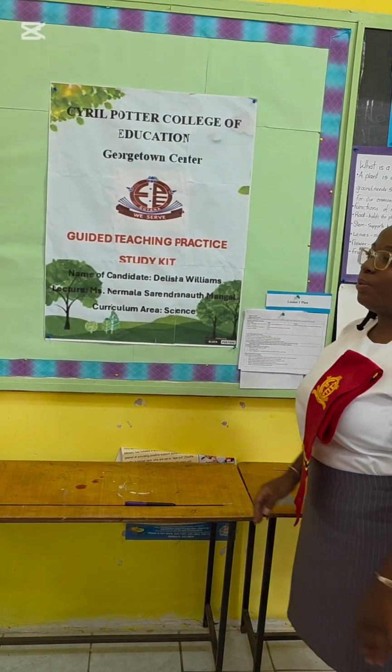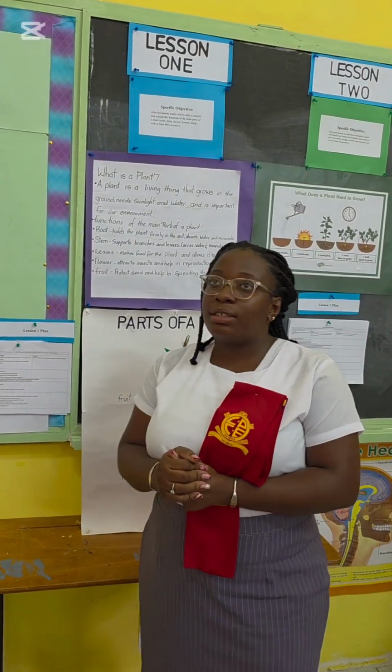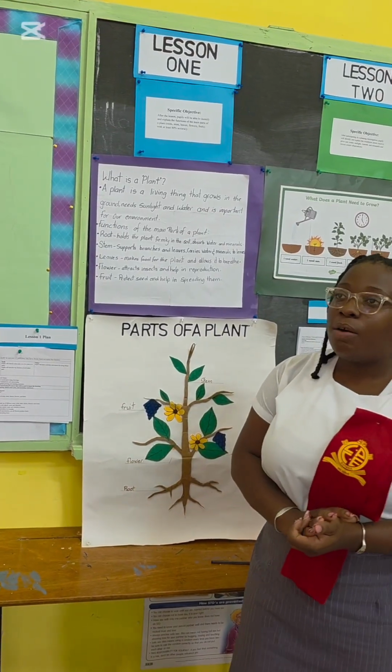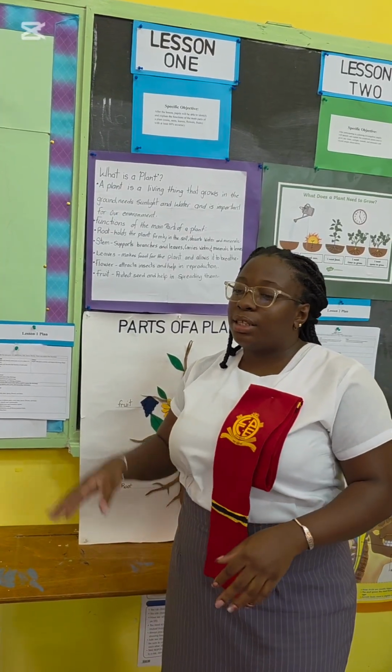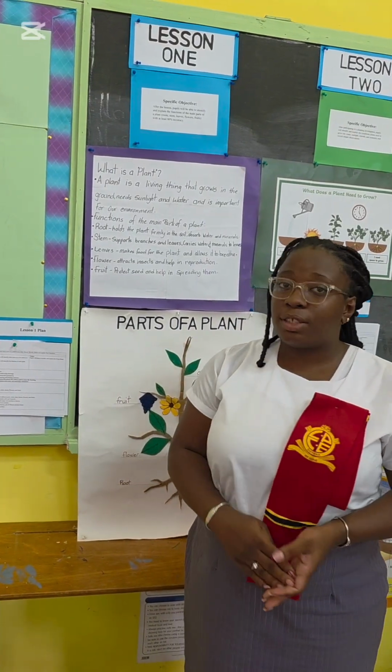Let's move on to lesson one. The general topic I looked at for this study was plants. On day one, I looked at what plants are and the functions of the parts of the plants.